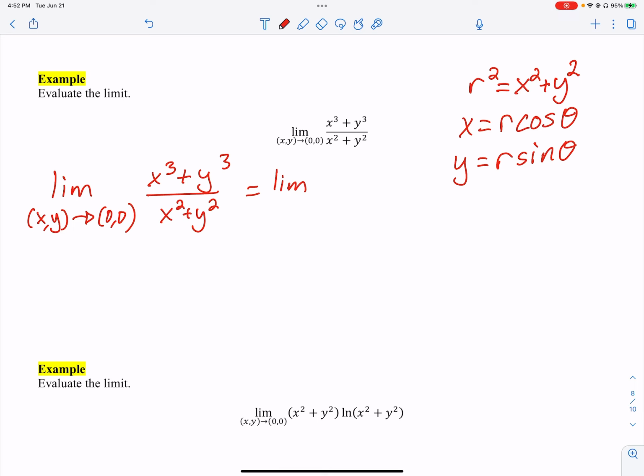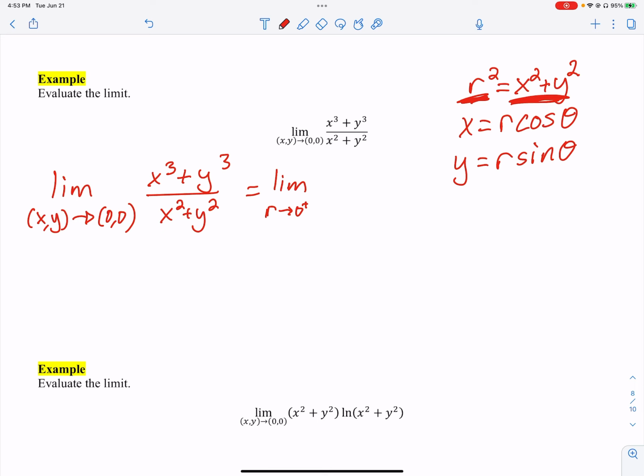Well, as x and y go to 0, so does r. But it's from the positive side, because if I let them go to 0, this is only going to approach the positive side of r. I hope that makes sense, because x squared plus y squared will always be positive, and that's how we come up with r.